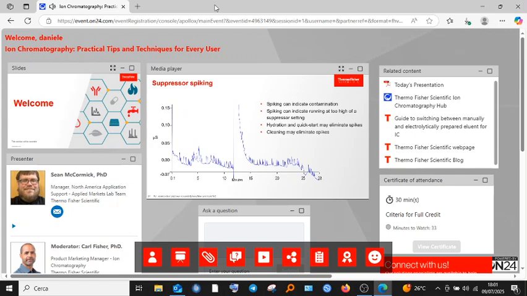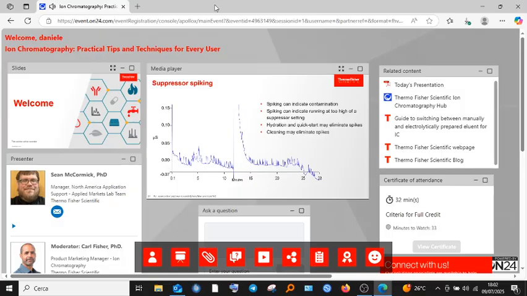Now, your suppressor sometimes doesn't fail all at one time, or you don't observe changes happening all at one time. You may notice the third most common issue that arises with suppressors, and that is you will start to see spiking in your data. As seen in the screen here, this is something that could be indicated by contamination, could be running the current wrong, or not following a standard sample prep procedure.